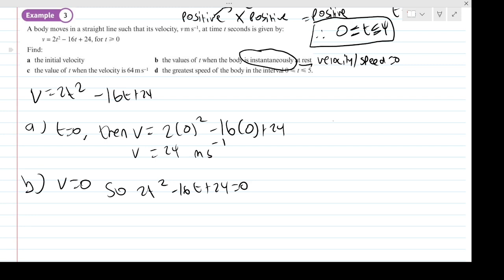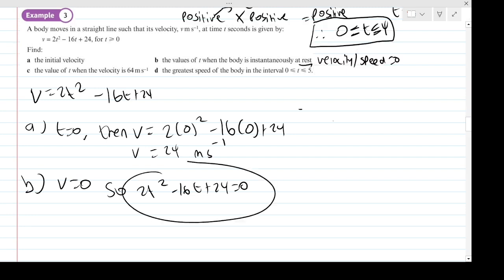So that's the idea. Things are constantly changing. The velocity, the speed, will only be 0 for a very small period of time. So it's instantaneous. These things are happening quite quickly, because it's constantly changing.